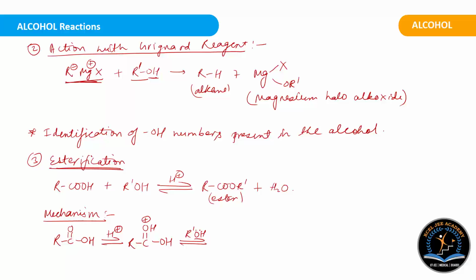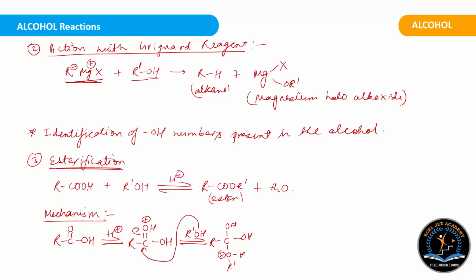Now this lone pair will come and attack on this, and this bond will be open. Therefore R with carbon with OH, then another OH, and this side we will have OR' with hydrogen. So this is the reaction, and this is the positive charge.